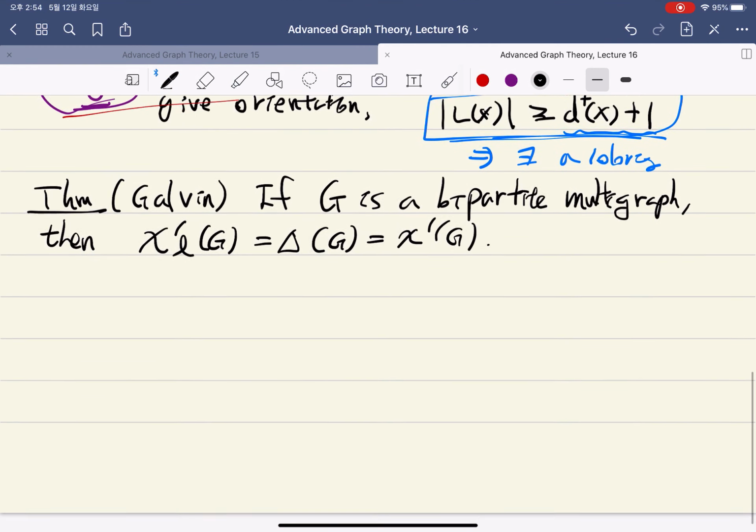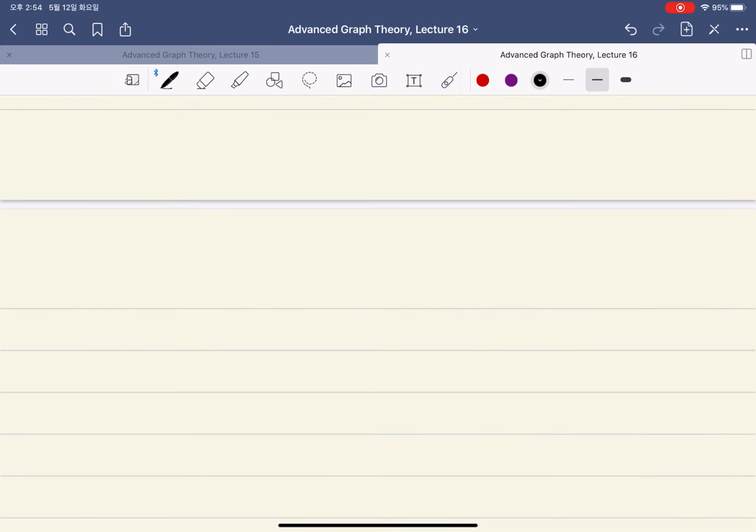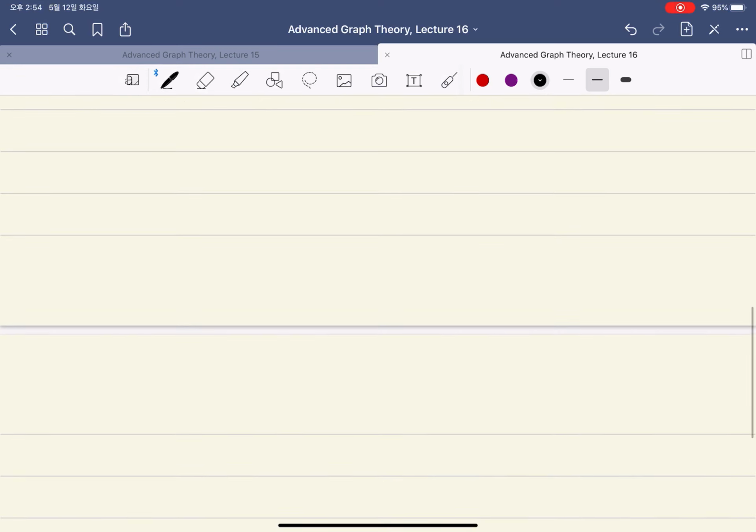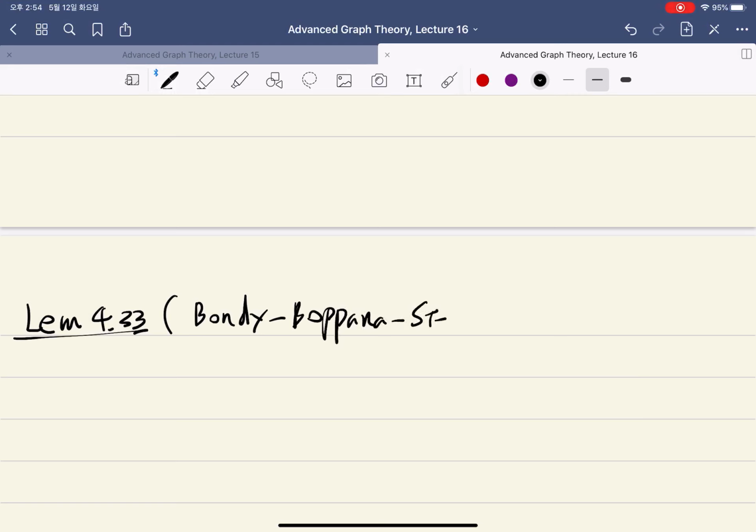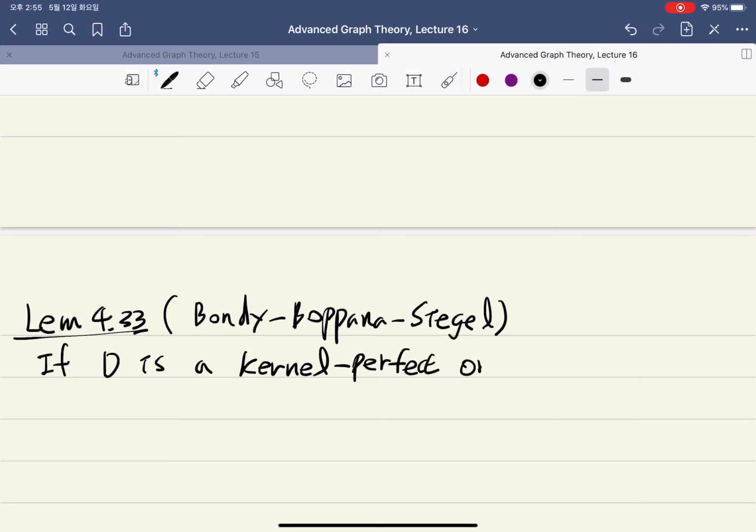So with that definition and the argument that we imagined, we can actually prove this lemma. Lemma proved by Boppana, Siegel. So if D is a corner perfect orientation, so G is a graph, and we give some orientation to make it a digraph.